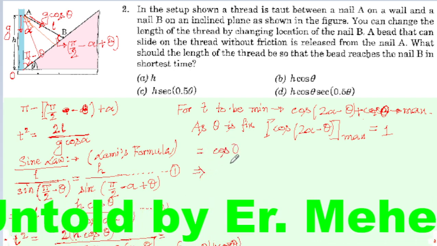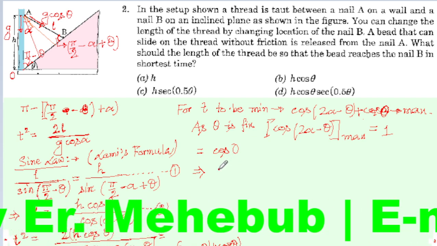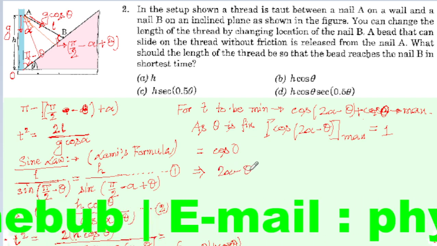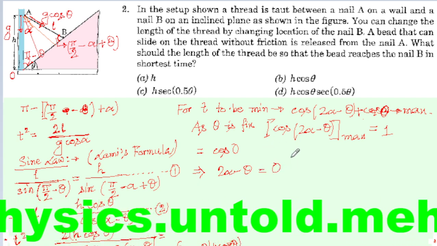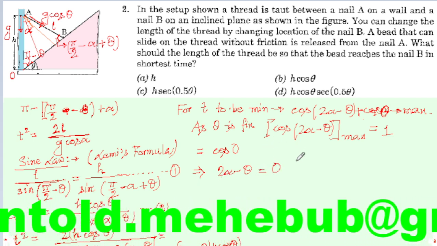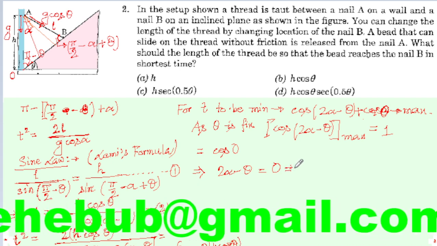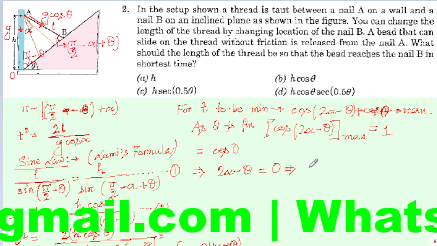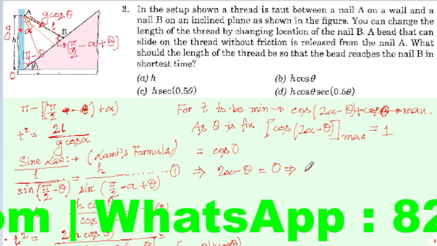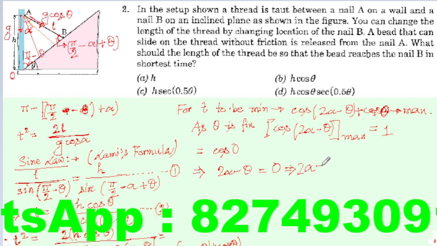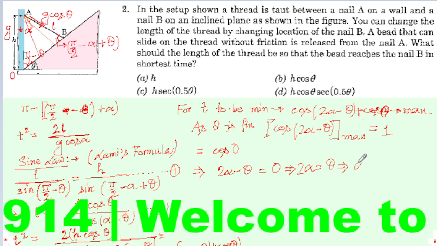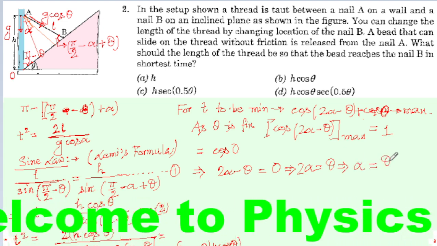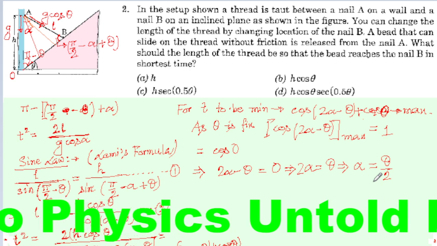Therefore the angle 2 alpha minus theta must be equal to 0. If 2 alpha minus theta is equal to 0, then 2 alpha equals theta, so the value of alpha is equal to theta divided by 2.